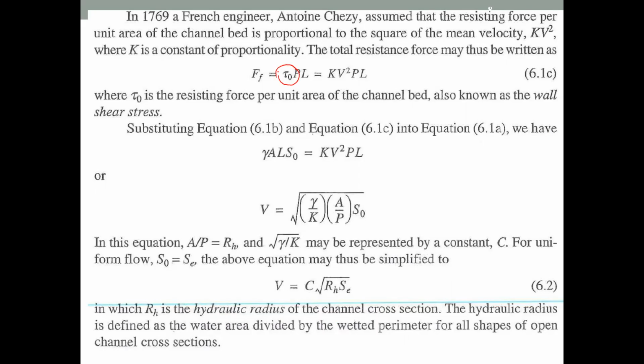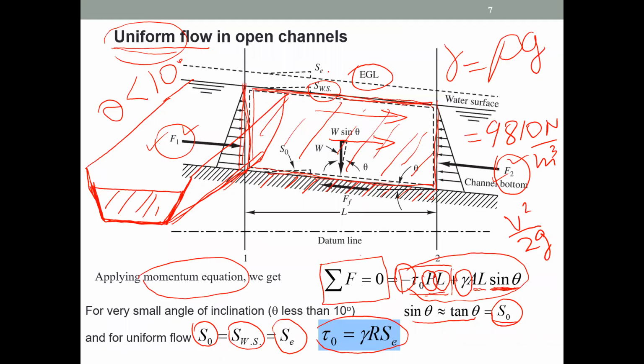So he wrote it as kV squared, where k is a constant and V is the average velocity. Now we can write this equation, this one. After that, he made this equation equal to this one here.